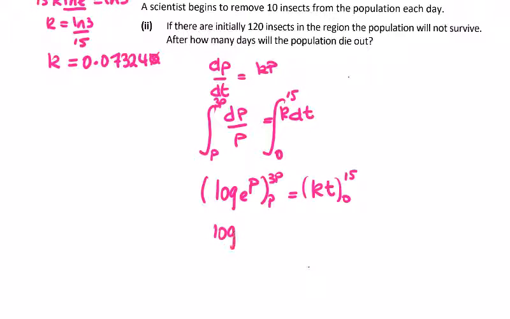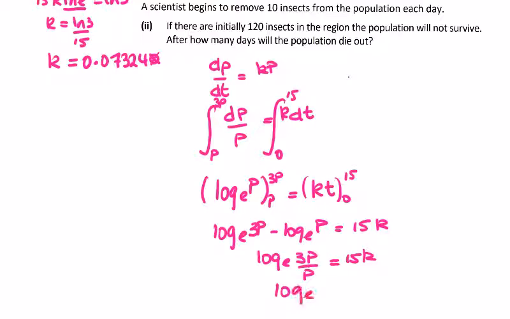So we're going to get the log to the base e of 3p minus log to the base e of p is equal to, putting 15 in for t, 15k. So we get log to the base e of 3p over p is equal to 15k. So log to the base e of 3 equals 15k.